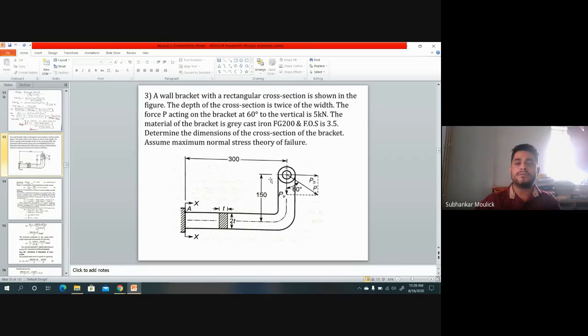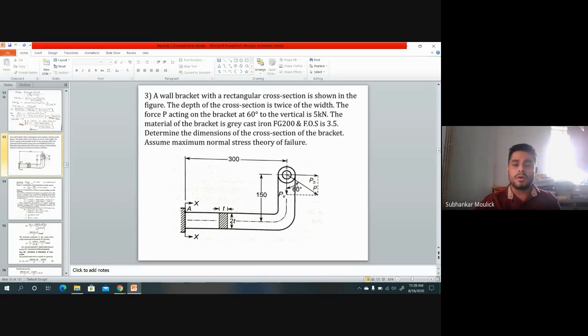At the free end of the bracket, one force is acting at an angle of 60 degrees with respect to the vertical. If I draw the free body diagram, I have to resolve this 60 degree force into two components: a horizontal component PH and a vertical component PV.